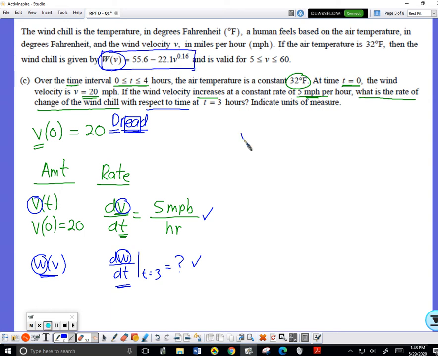So that's W of V is going to equal 55.6 minus 22 V to the 0.16.